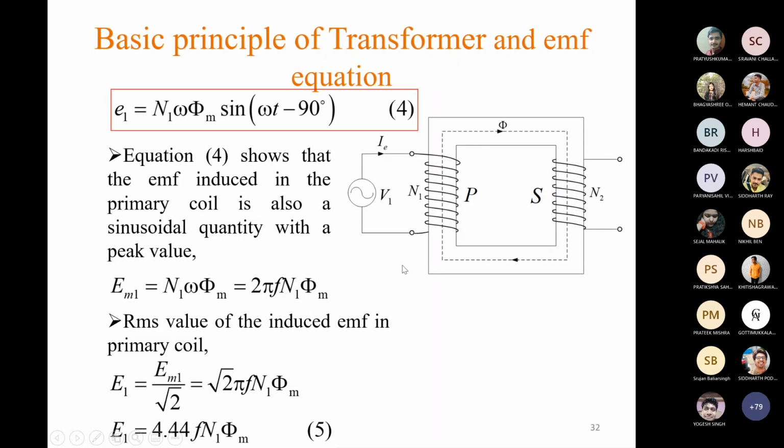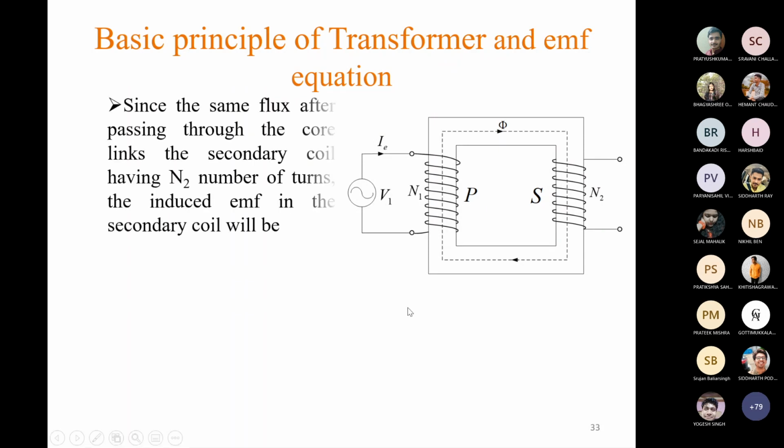Okay. Now the same flux is linking with the secondary winding also, because we are considering that the whole flux produced by the primary winding remains confined within the magnetic core. Therefore the total flux links with the secondary winding also. So we can apply Faraday's law of electromagnetic induction across the secondary winding also, because this winding is also linking with the same alternating or time varying flux.